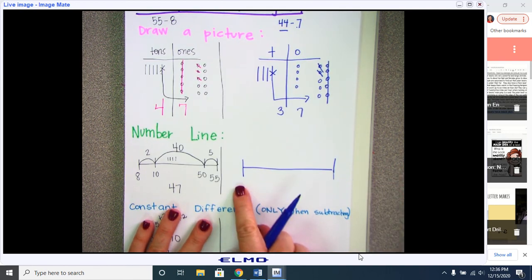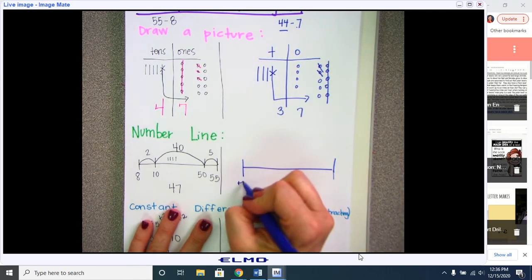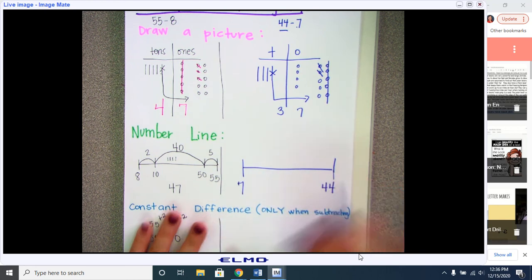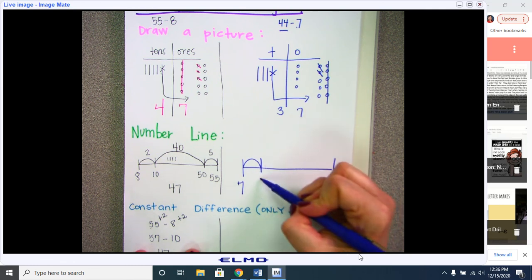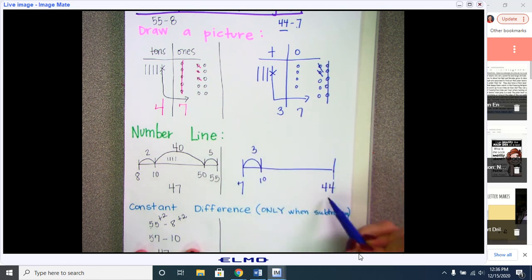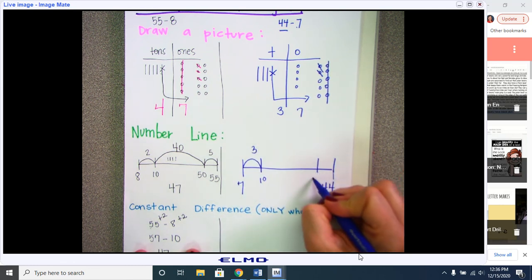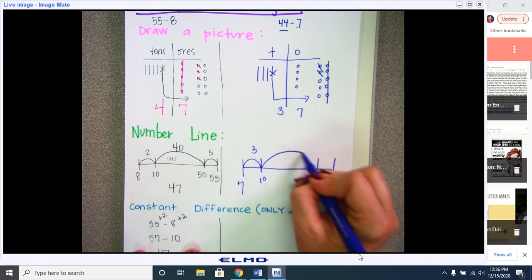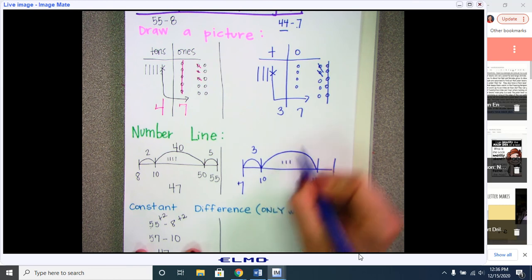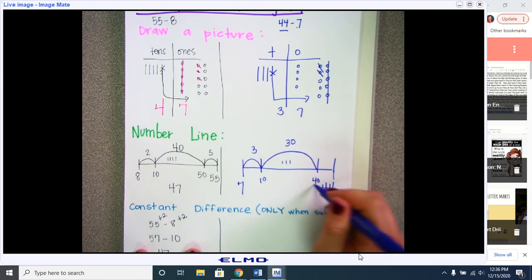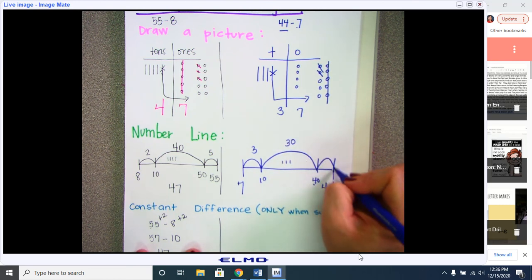So we're going to put the smaller number 7 on the left and the larger number 44 on the right. We're going to jump to the nearest 10, which is 10. We're going to jump to the last 10, which is 40. Now 10 to 40, 20, 30, 40. That's 30. And then 40 to 44 is 4.